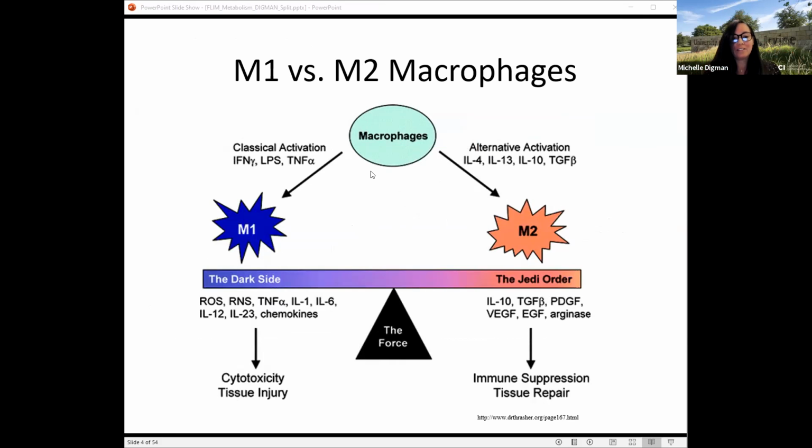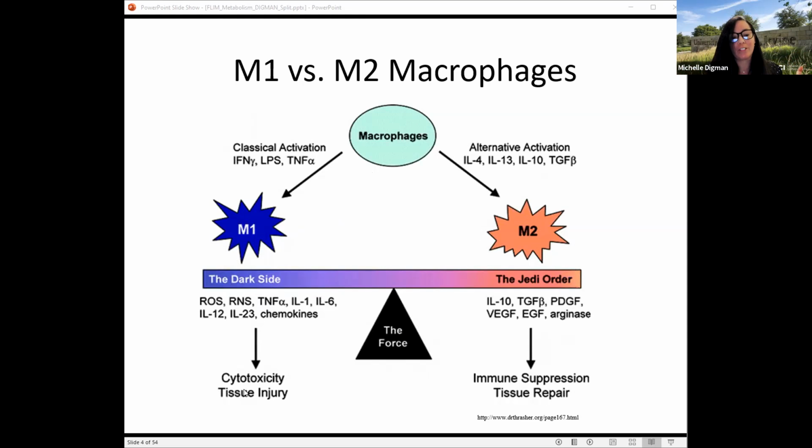And macrophages can differentiate into two different cell types, the M1 macrophage cell type and the M2 macrophage cell type. And if you are an avid supporter of Star Trek or Star Wars, you will notice here that this is the force, it's a balance as to when macrophages become differentiated.